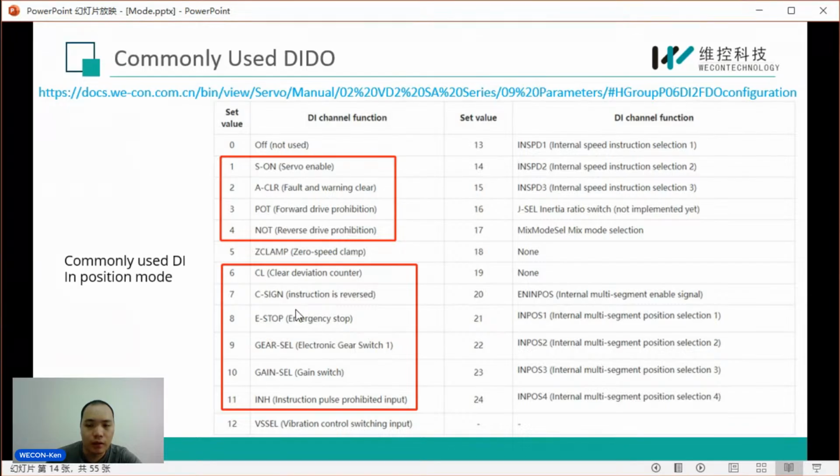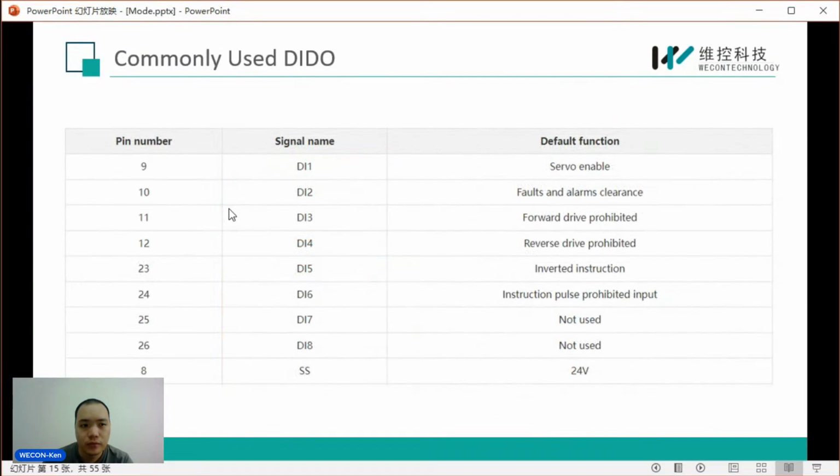And this is the table of default DI pin definitions.